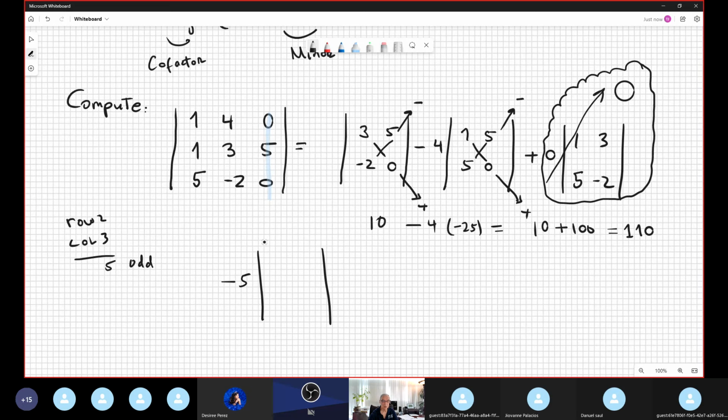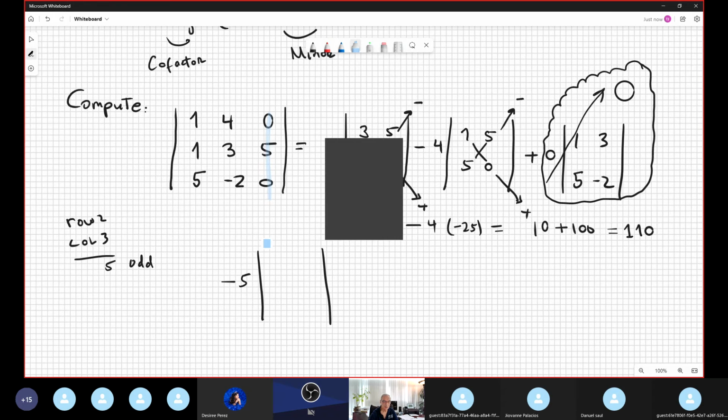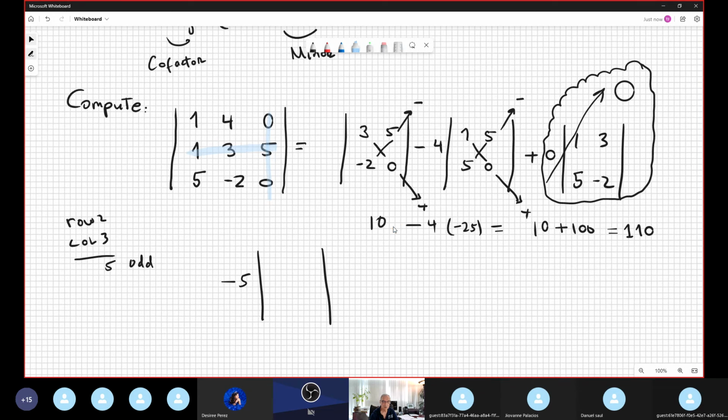And the minor associated with this one is, you delete mentally the row 2 and the column 3, and stay alive only 1, 4, 5, and negative 2.